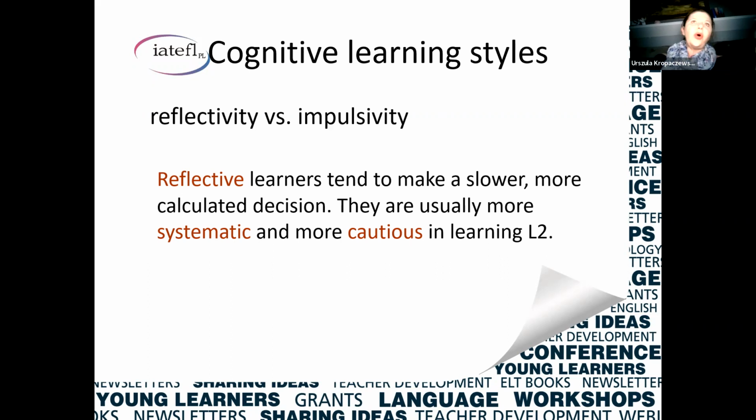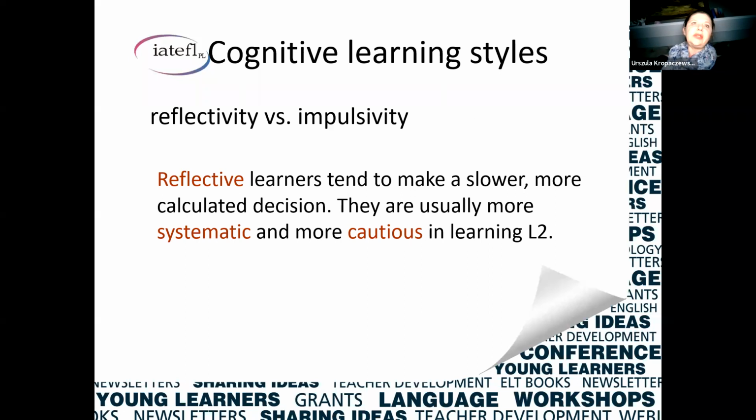They think longer before saying something. They need more time to write. They need more time to say something. So they may seem too slow, but at the end, you will find out that they are really good language learners, that they have achieved success, and they know where the success comes from.